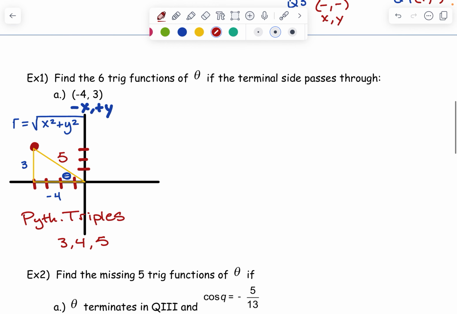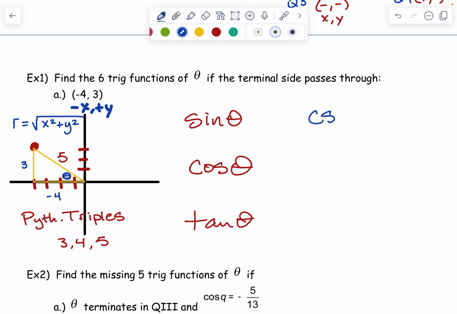Then they want me to find the 6 trig functions. So I'm going to go sine, cosine, tangent, and then I'm going to flip them to my cosecant, my secant, and my cotangent. Just to recap here, sine is opposite over hypotenuse.